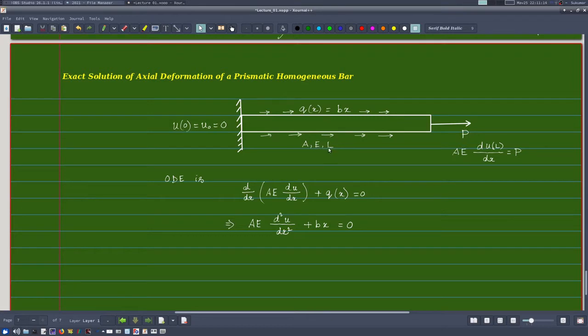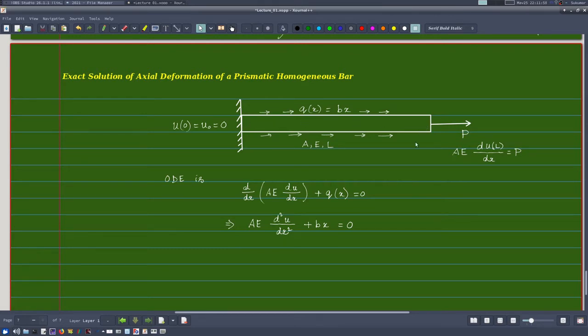This is my bar of length L. It's a homogeneous prismatic bar, so the area is constant throughout the length, which is A. Since it is a homogeneous material, I have its elastic modulus as E everywhere, and it is fixed at one end, and there is a concentrated force at the other end, which is P, and the surface traction force is a linearly varying load. So qx is equal to bx, where b is some constant. Okay.